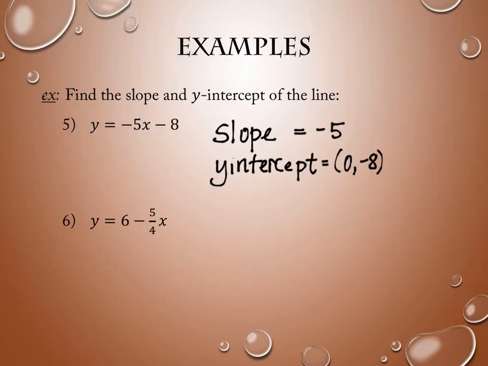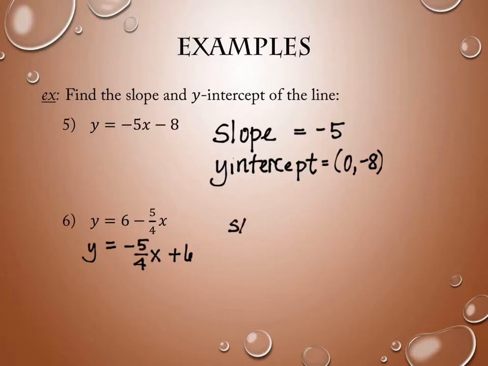If it bothers you to see it that way, all you would need to do to put it into that form is to switch the order of what's on the right side. So if I simply move the -5/4 x to the front and the positive 6 to the end, that's actually the right form that we're talking about. Do you have to do it that way? You don't have to, but sometimes it's easier to see.